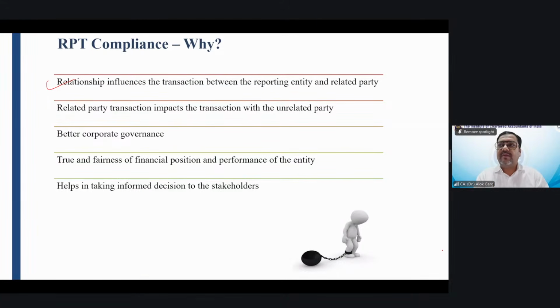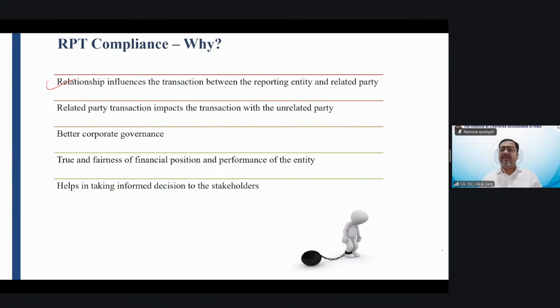And this parent deducted the TDS from the subsidiary's payment, and the subsidiary will claim the TDS. So basically it's a highly manipulated and highly structured transaction. The subsidiary revenue went up to 500 crore rupees. The subsidiary applied for the loan and got the loan from the bank.